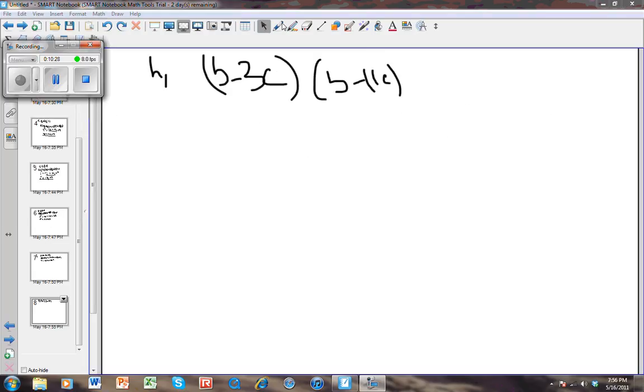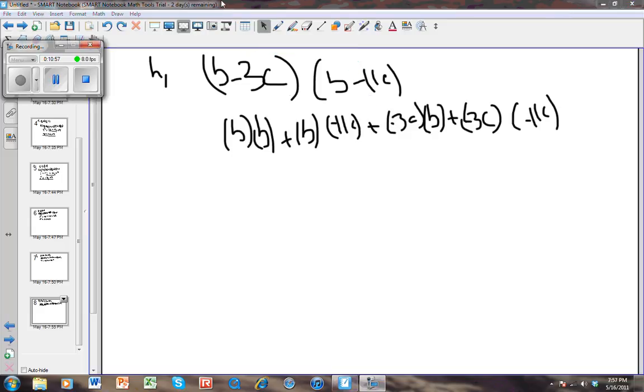Okay, so H, the last question. This one is similar to G, and what you do is the same as usual. b times b, negative 3c times b, b times negative 11c, and negative 3c times negative 11c. I did that in kind of mixed order, sorry about that. But now I'm going to expand that.